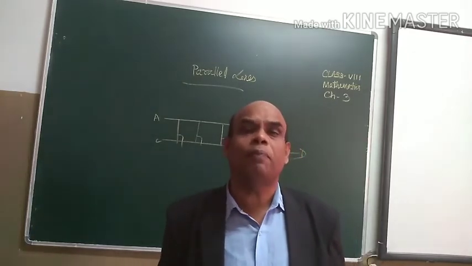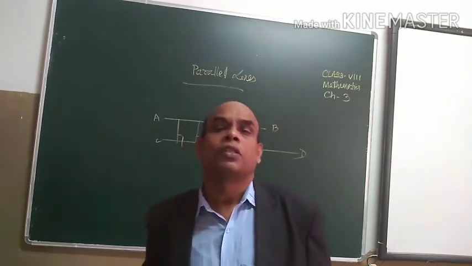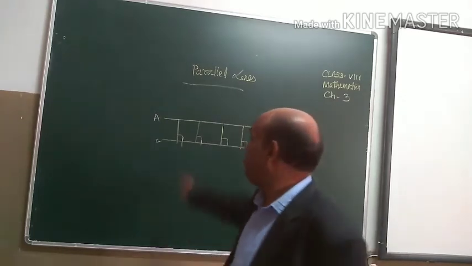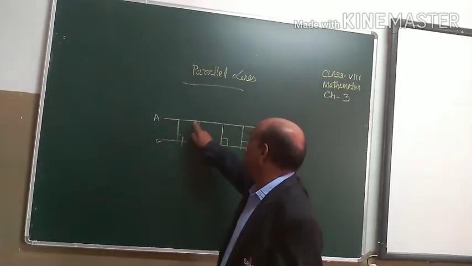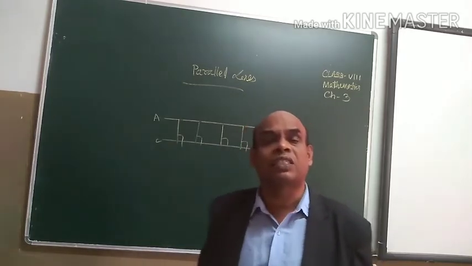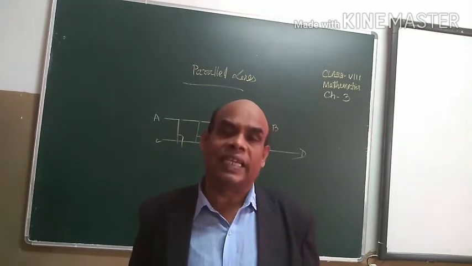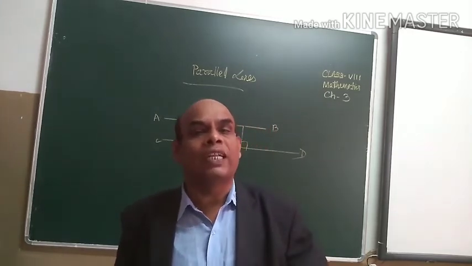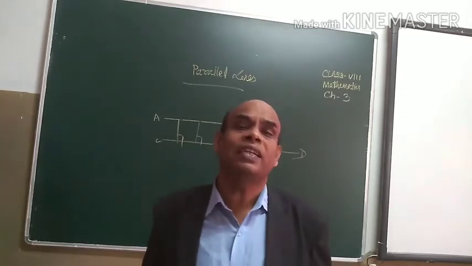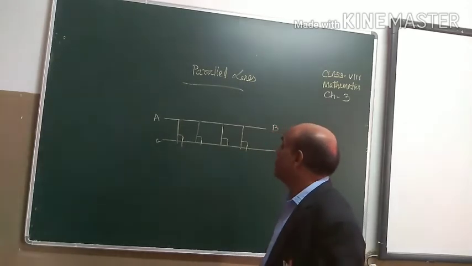We can say AB is parallel to CD whenever the perpendicular distance is equal. You see, this is the perpendicular distance. When the perpendicular distance between two lines is equal, we can say the two lines are parallel.